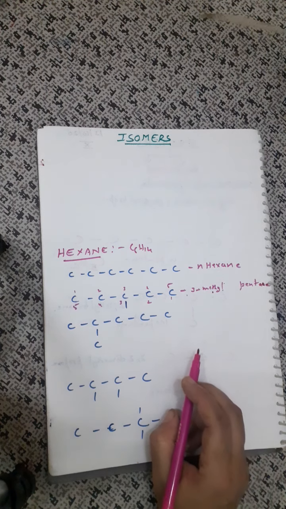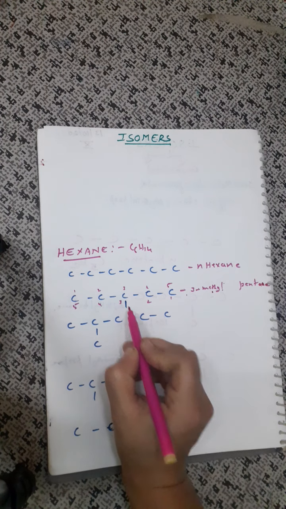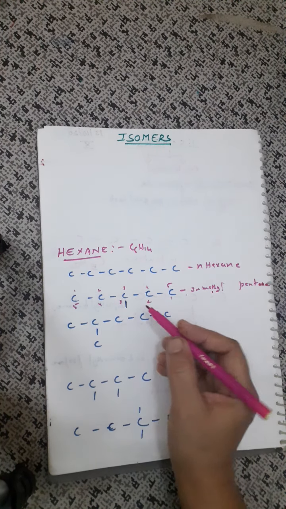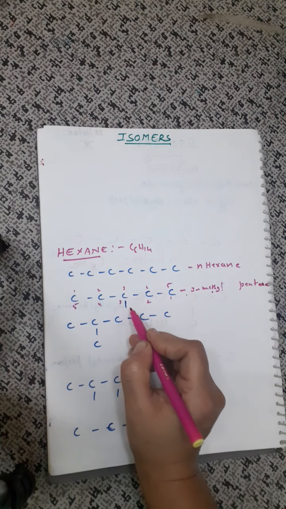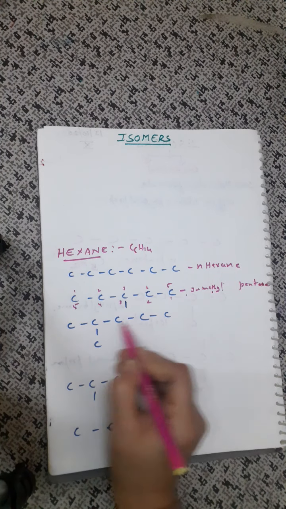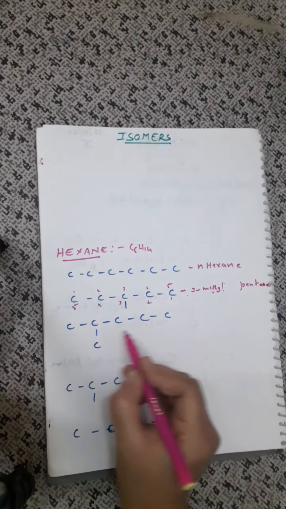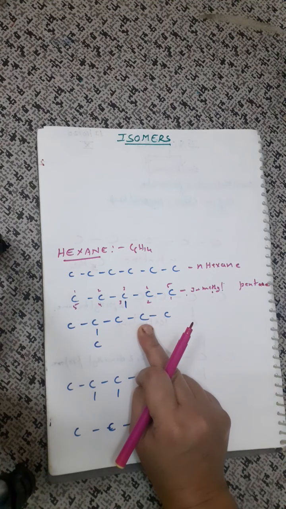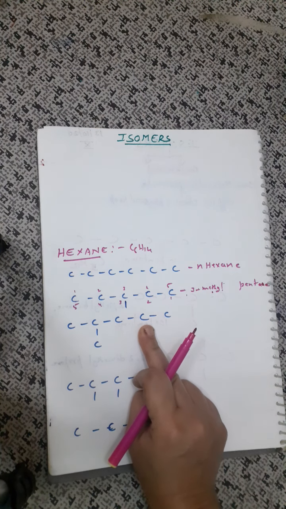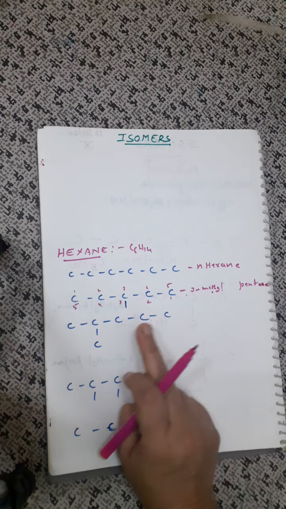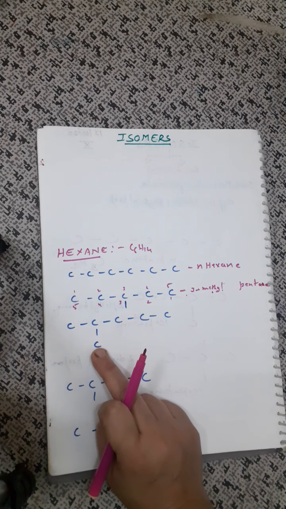Okay, then similarly let us now change the position of the carbon. So rather than having it on the third carbon, I will place it on the second carbon. Okay, so we all know if I place it here also, the position will be on the second. As I told you, as per IUPAC rule, the positioning for any branch or the attached group should be given the least numbering.